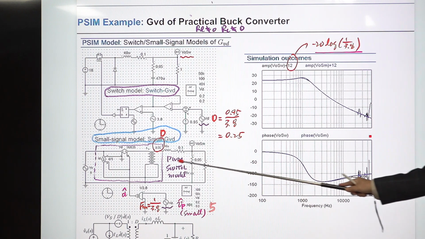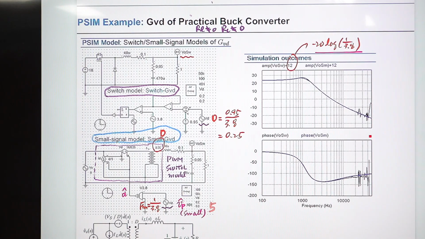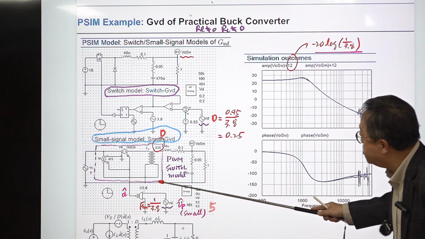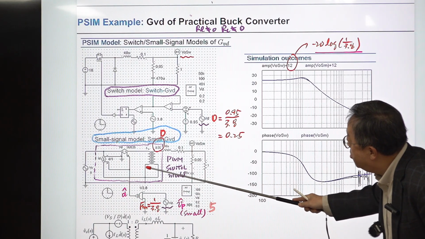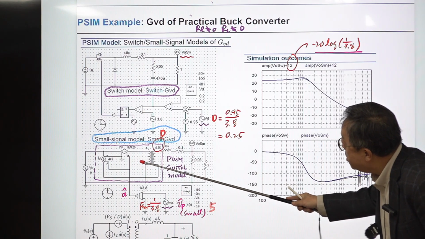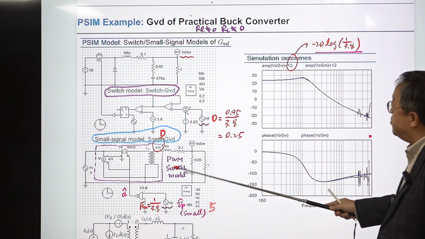Okay? This is the ideal transformer. In PSIM, there is no ideal transformer. So I used some voltage source and current source, and I think I sensed some current somewhere. I don't know. Anyway, this. Oh no, this is not the ideal transformer. This is something else.